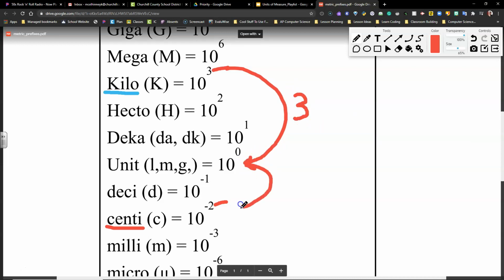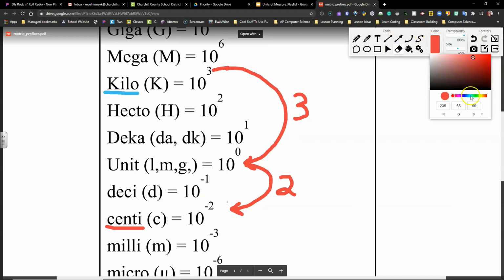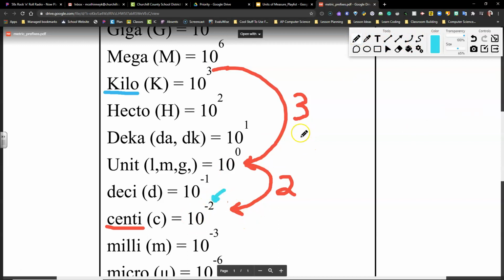From here to here, that's 2 powers of 10, right? Because I'm looking at this number right here. And then 3 plus 2 gives me 5.